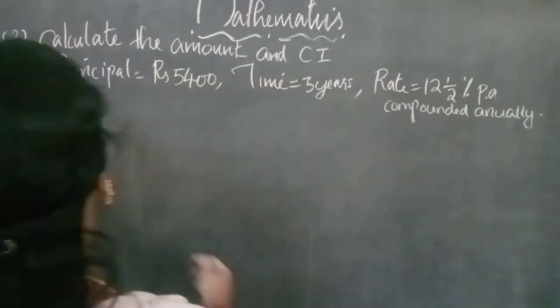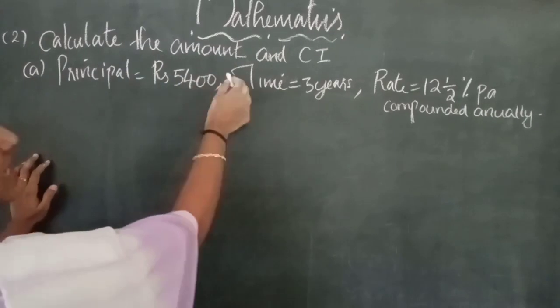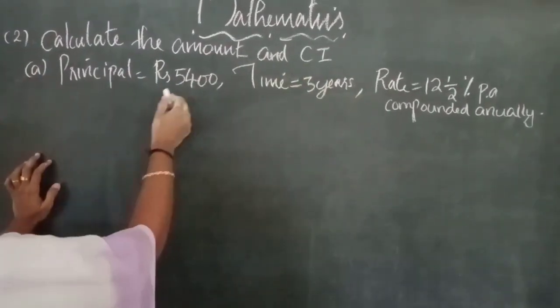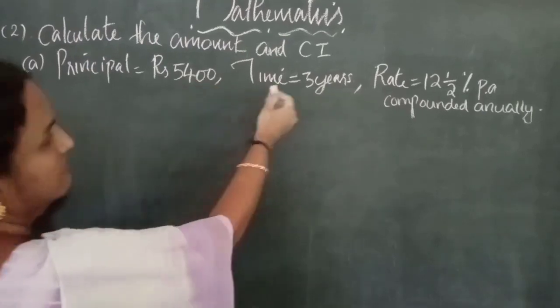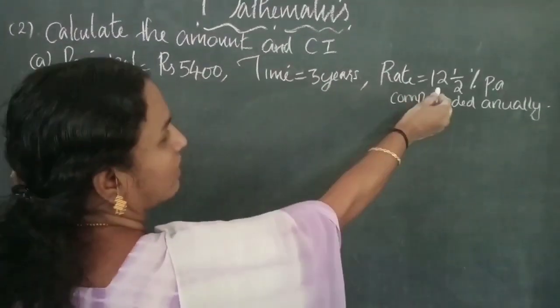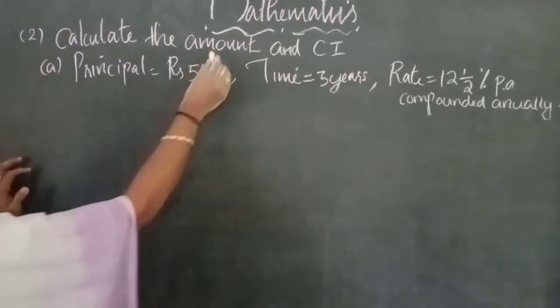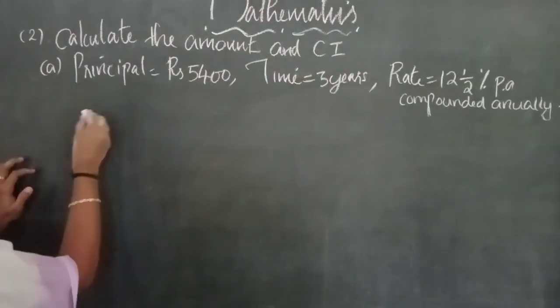Next, question number 2. Calculate the amount and compound interest. Option A: principal rupees 5,400, time 3 years, rate 12 1/2% per annum, compounded annually. You have to find the amount and CI, compound interest.